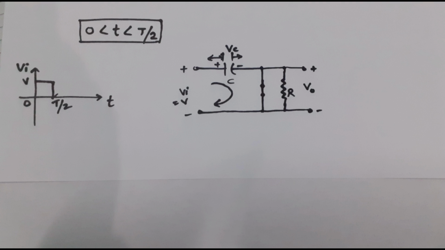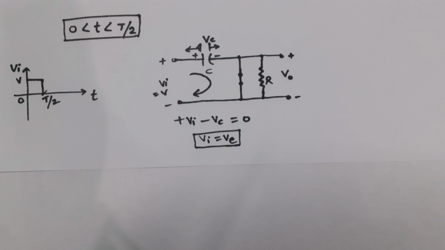The capacitor gets charged with positive and negative polarity as the input is applied, with polarity direction positive to negative, and the diode is in forward biased condition, so it will behave like a short circuit. Here we have the equivalent circuit, and applying KVL, Kirchhoff's voltage law, in the loop, we have plus Vi in the clockwise direction, in the direction of current.